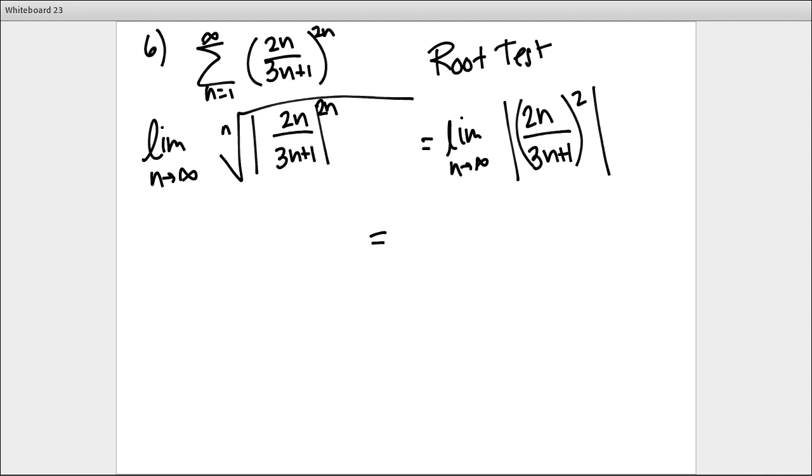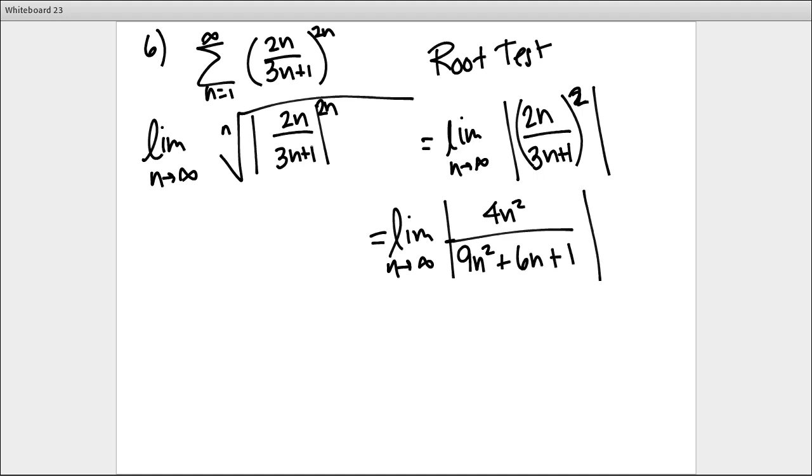And so what happens when n goes to infinity is, hopefully you see it, the n on top and the n on the bottom will cancel, except that you got a squared here, so it's not just the leading coefficients, it'll be a squared. How about I show you by expanding it? I know this is a pain, but I just want to make sure you know where it's coming from. This would have been a 4n squared if you squared it.